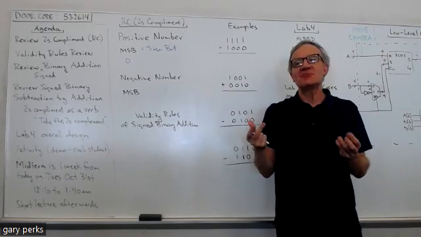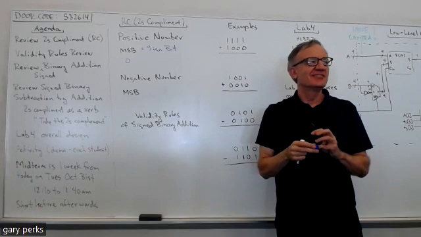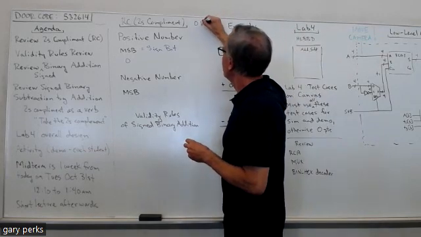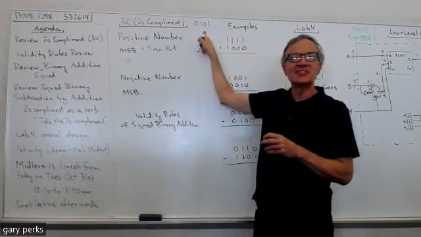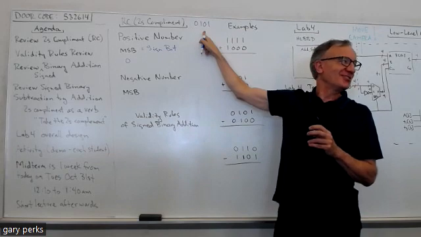How about if we have an unsigned binary number? How do you find the magnitude? You all know this.